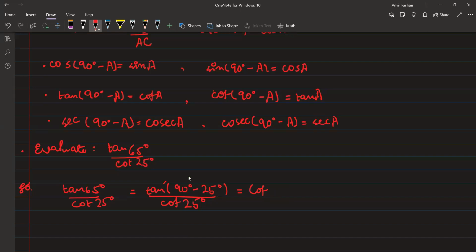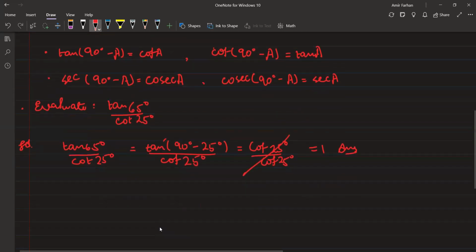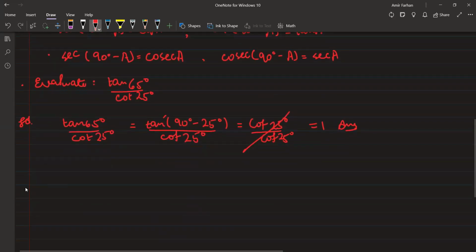Why 65, Adil? This is A, yes or no? Yes, 25. So cot 25 upon cot 25. What should be the value here? 1. Adil, this is division, why 0? A little bit of focus.